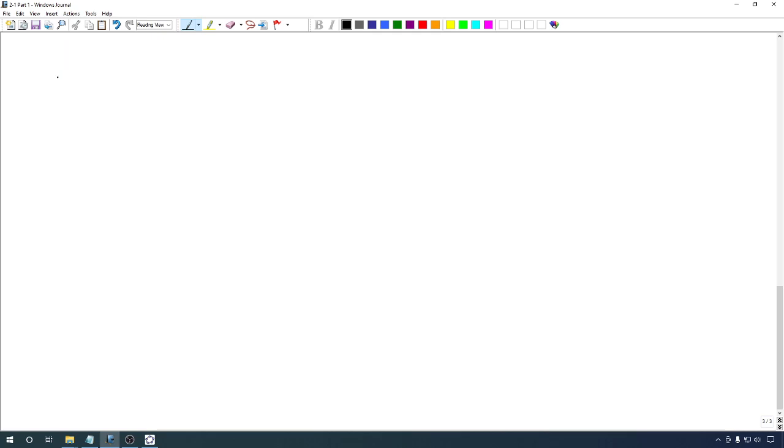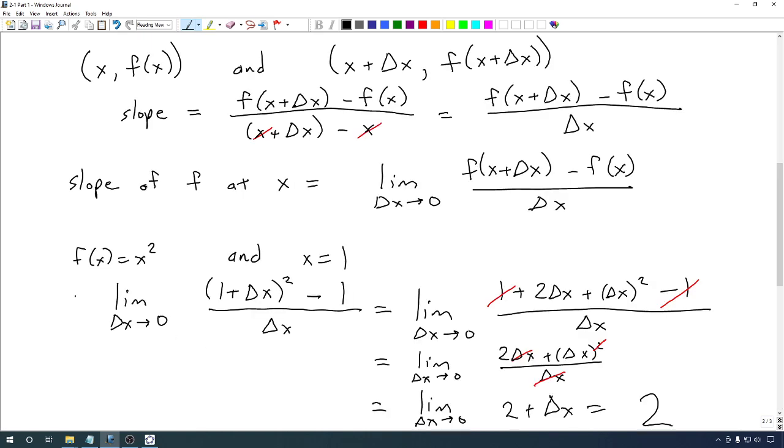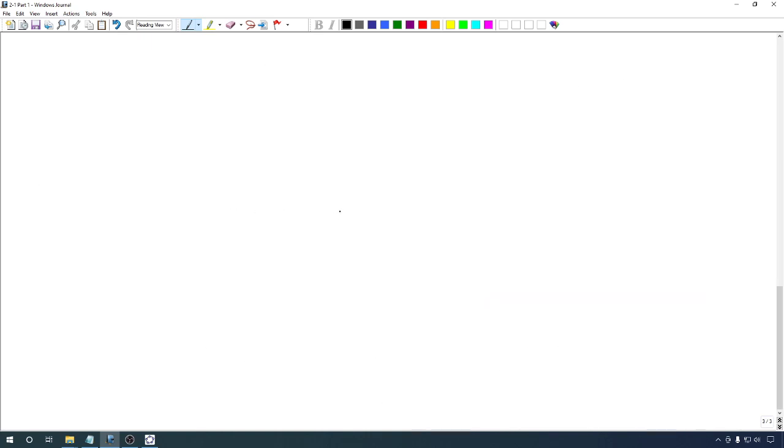Let's give this concept a name and a notation, so I don't have to go writing "slope of f at x" every time. We're going to call it the derivative.